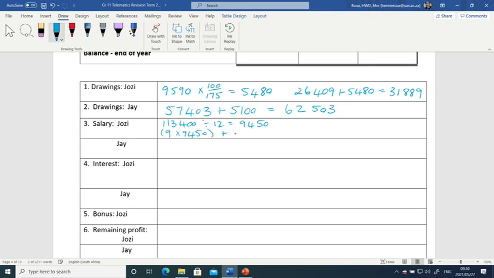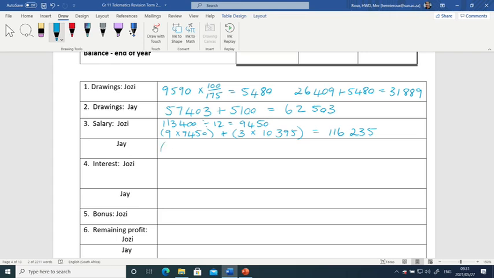But then on the 1st of December, it will be increased by 10%. So for December, January, February, for 3 months, you will receive 9,450 plus 10%, which will be 945, 10,395. So there is Josie's salary for the year after adjusted with the increase of 10%.